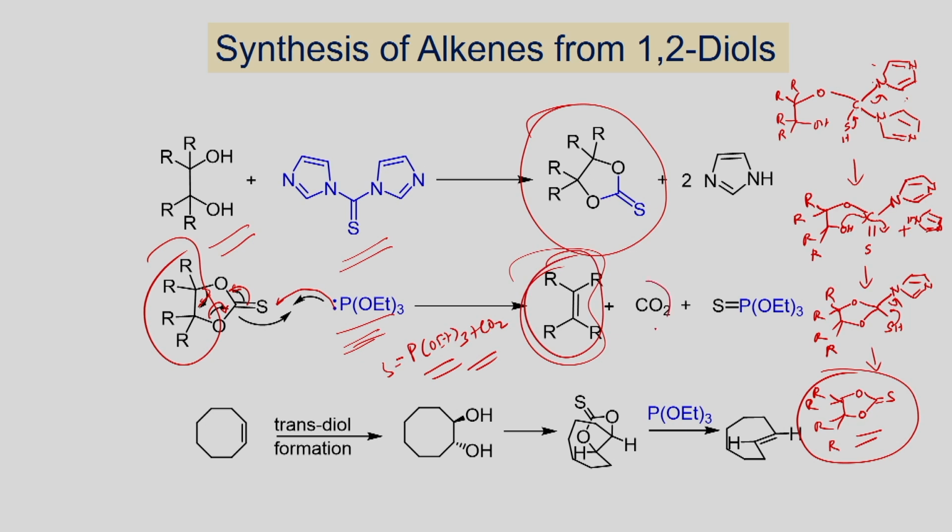This is what you get: alkene, carbon dioxide and thiophosphate byproduct in this reaction. So, if we have the diol, it also can be converted into alkene using this reagent combination. Using these reaction conditions, you can convert into alkene as the product.